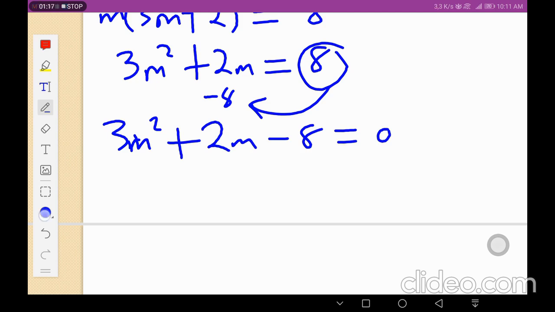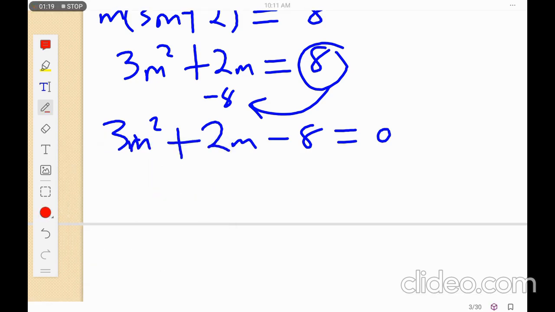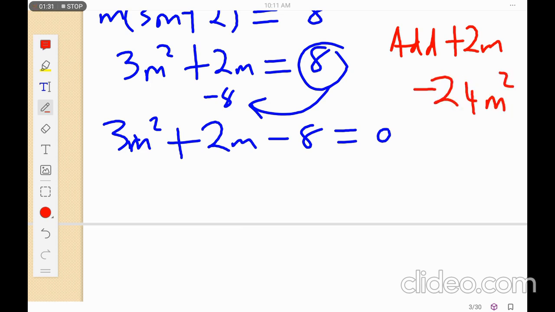So I want to think of a number that when I add, I'll have plus 2m, and when I multiply, I'll have minus 24m squared. Which number can I think of?